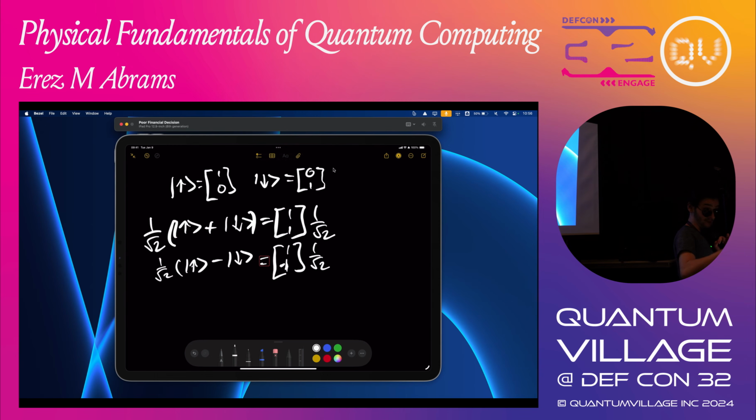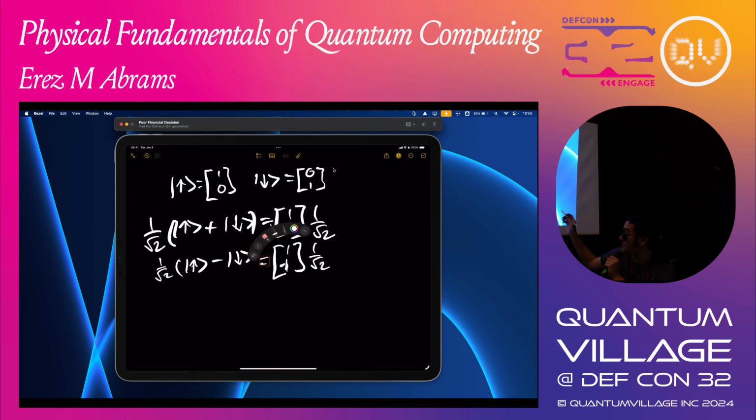They have the same probabilities of being measured in the up or the down state. It's 1/2 probability of being in up, 1/2 probability of being in down in both of them. But the states might have different results for other measurements. For example, one of these might be pointing in the plus x direction, and one of them might be pointing in the minus x direction.